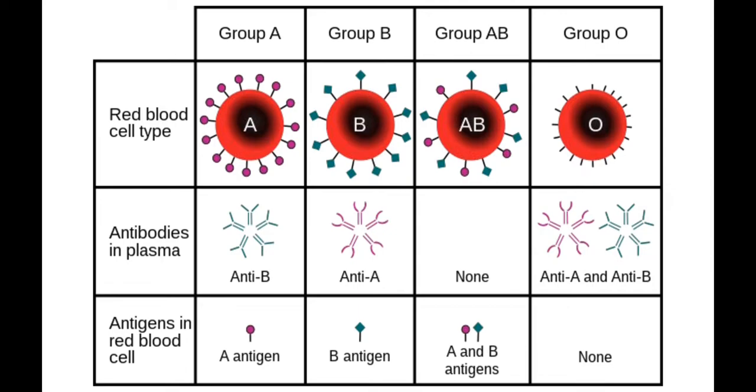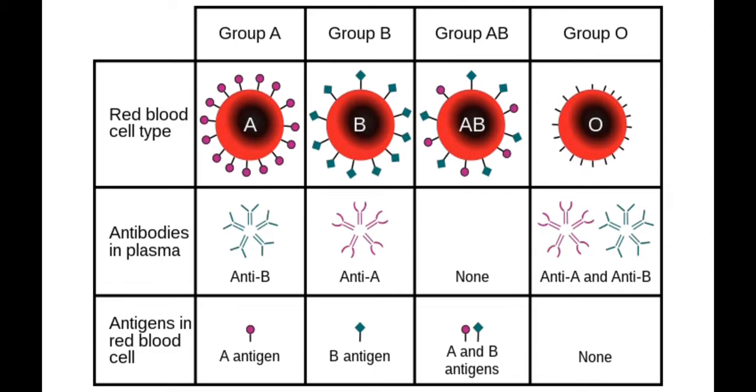So as we see in this table, red blood cells have proteins at the surface of the cells. Group A has one type of protein and a gene which is responsible for production of this protein. Type B has another protein and another gene which is producing these marking proteins.